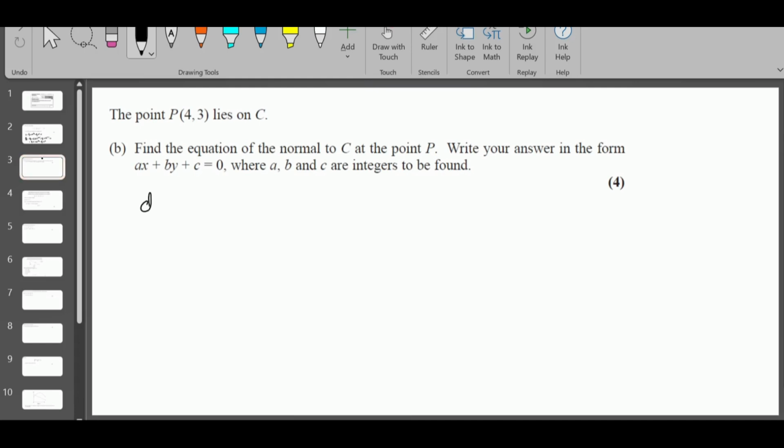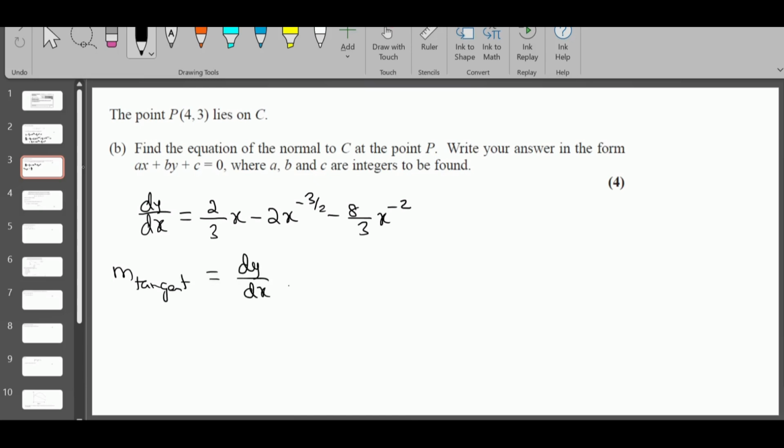Okay. We have the dy over dx, right? Which is 2 over 3 x minus 2x to the power minus 3 over 2 minus 8 over 3 x to the power minus 2. Now let's find the slope of the tangent first, which is dy by dx at the point P of 4, 3.